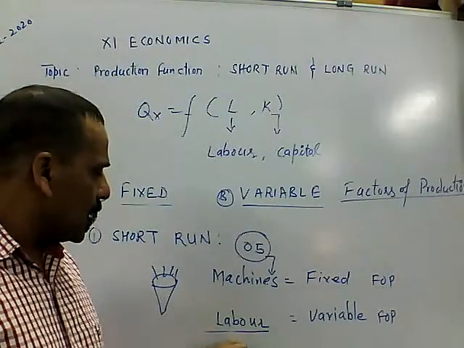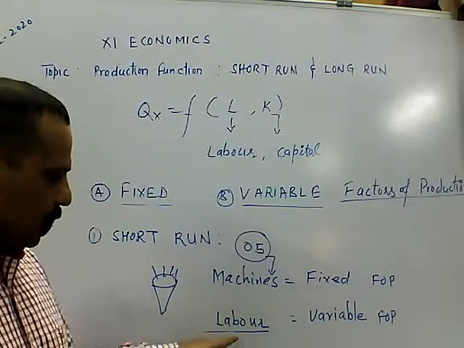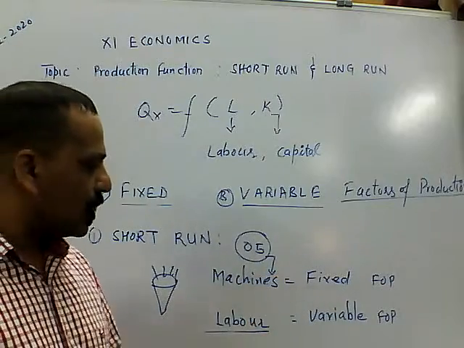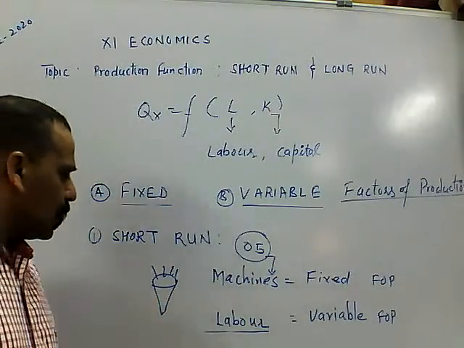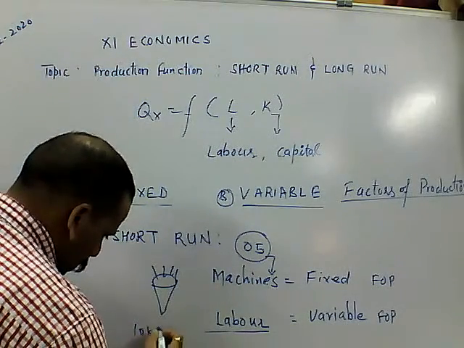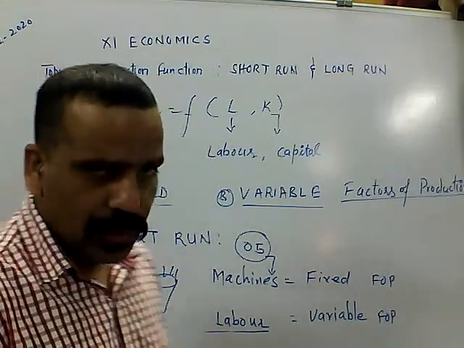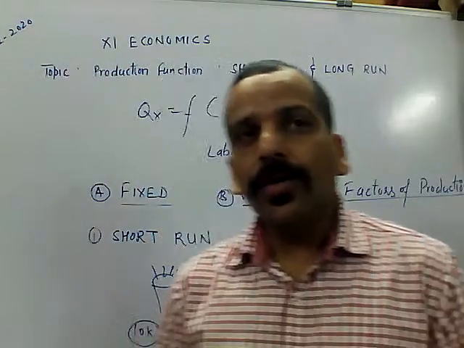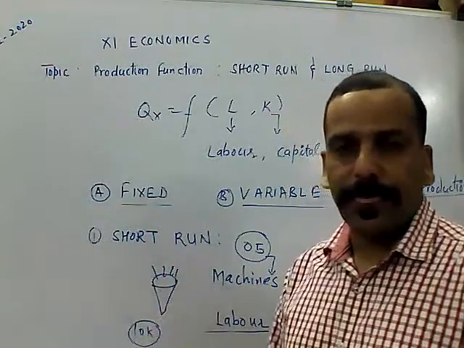So you can increase variable factors of production to produce more units of ice cream. Like there is a demand for 10,000 ice creams, and within a shorter period of time you have to supply around 10,000 pieces.